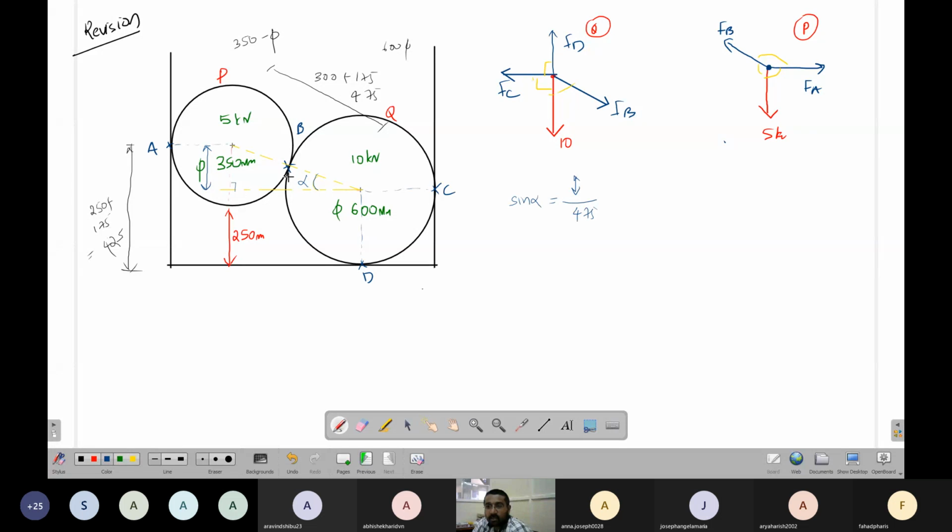So that distance divided by 475 is sin alpha. Now how do we get that distance? Is it 350 by 2, 175? This is the height, isn't it?